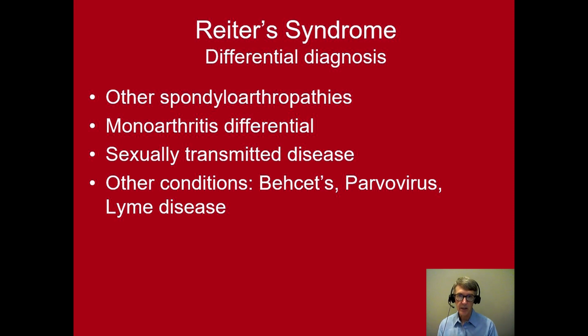In my initial talk, Introduction to Rheumatology, and introduction to the course, I went through a flow sheet of how to approach diseases of the joints. Other sexually transmitted diseases such as disseminated gonococcal infection can be associated with an arthritis, and other conditions. Behçet's, of course, is more of a seronegative spondyloarthropathy, but infectious conditions that involve just a few joints, such as parvovirus or Lyme disease, are also included in the differential diagnosis.